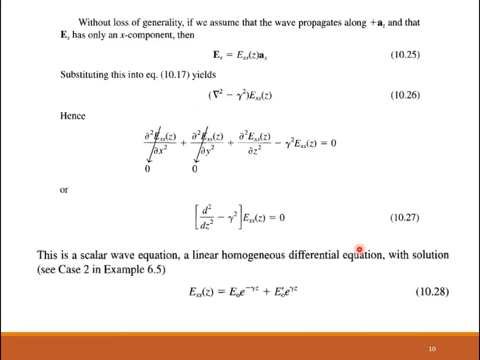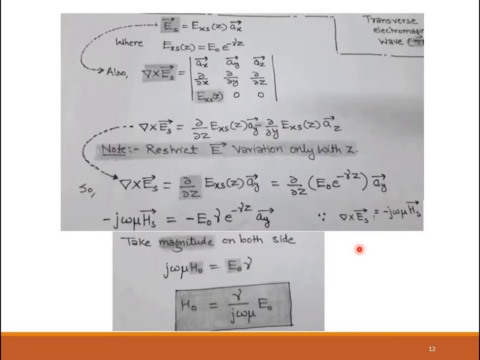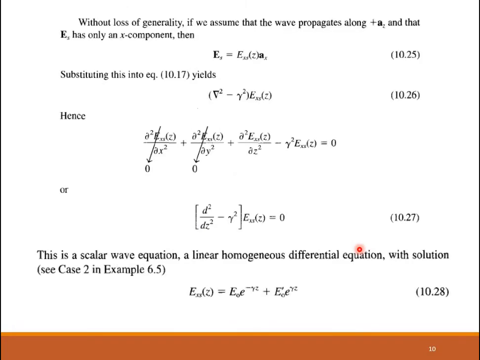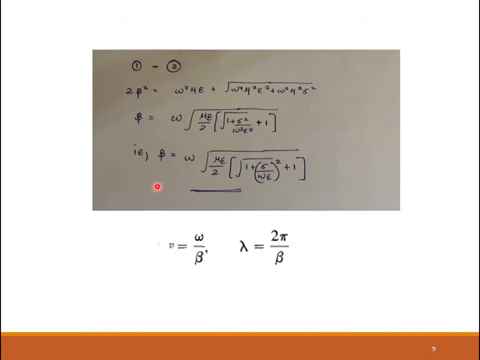So how do you derive it? Sorry, before we derive the expression for the intrinsic impedance, there's one more thing. Okay, so we've derived alpha, beta, V and lambda.